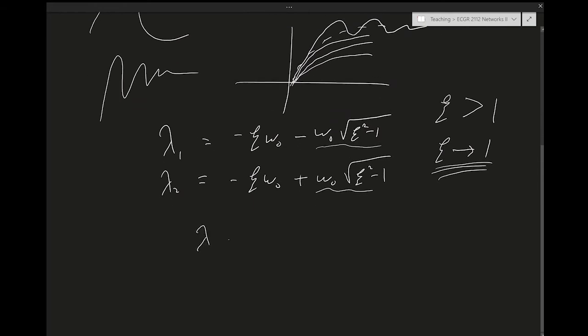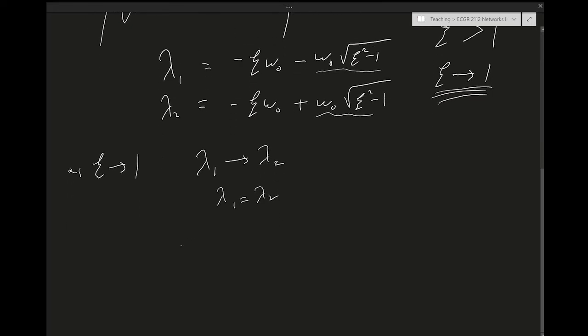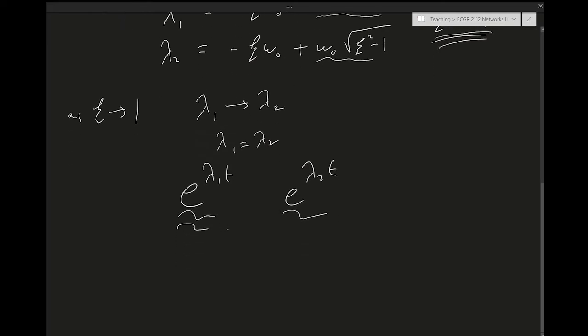So that means that as the damping coefficient approaches 1, lambda 1 approaches lambda 2, until we get to a point where lambda 1 equals lambda 2. So something happens. We have two solutions, e to the lambda 1 t and e to the lambda 2 t, two distinct solutions. As we approach 1, those two solutions get closer to each other until we reach 1.